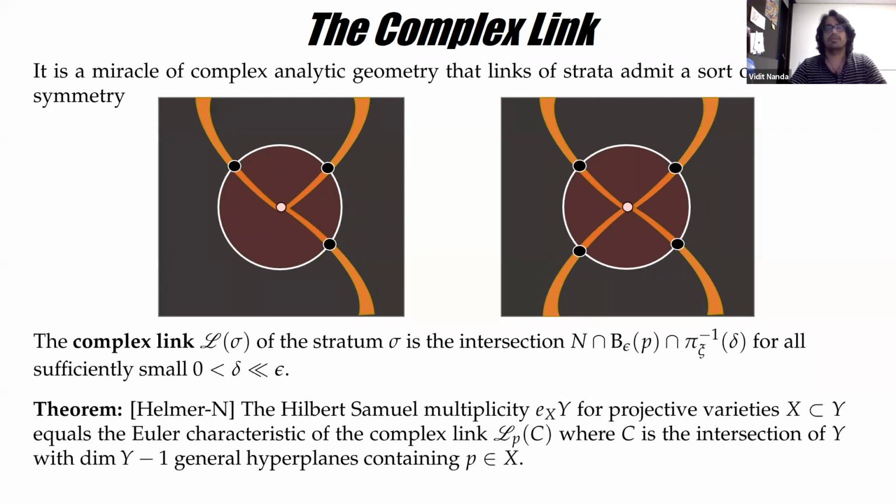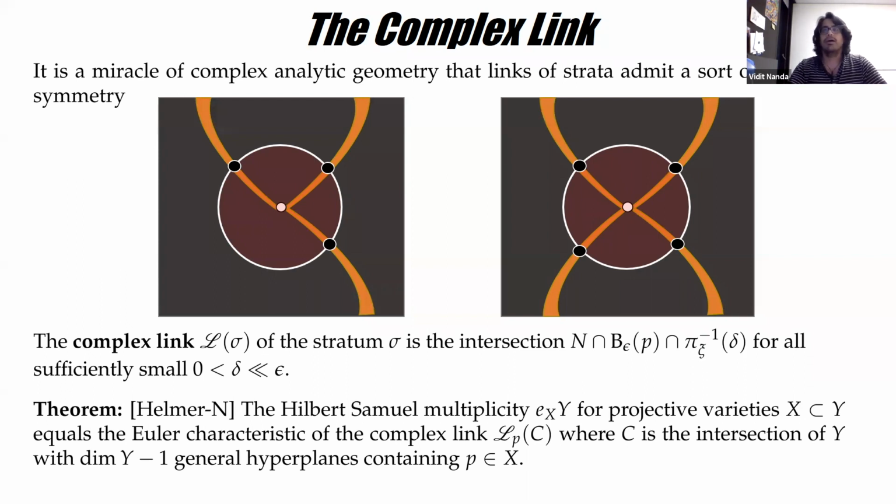And so the theorem is the Hilbert-Samuel multiplicity that we wanted to compute, that was this strange object defined by the Segre class, is the Euler characteristic of the complex link of P and C, where C is the intersection of Y with codimension 1 many hyperplanes containing the point P of X.